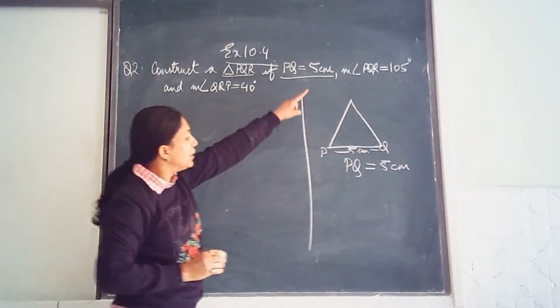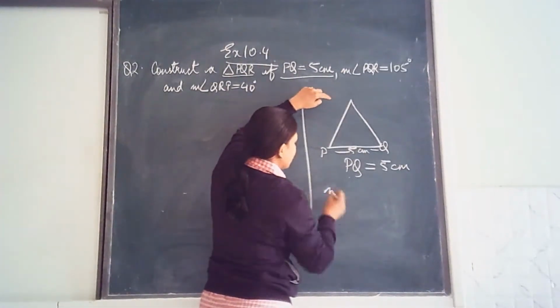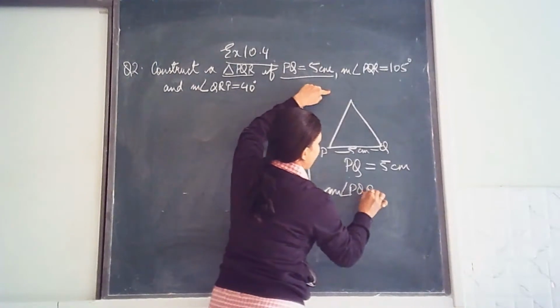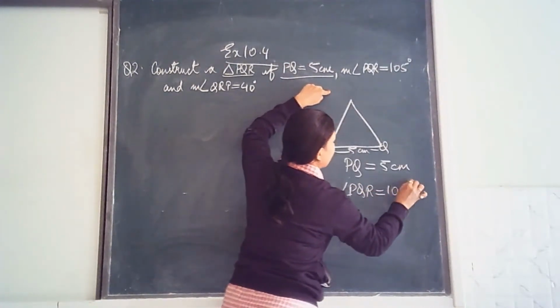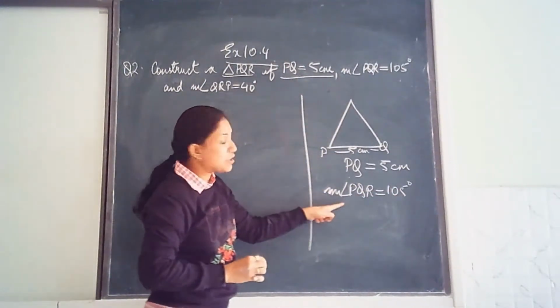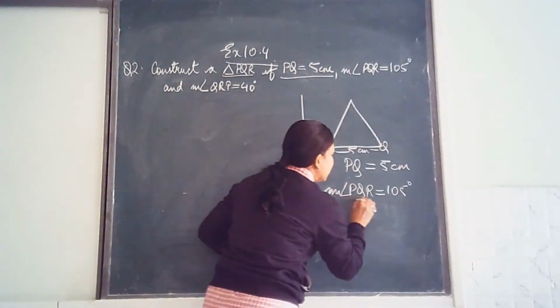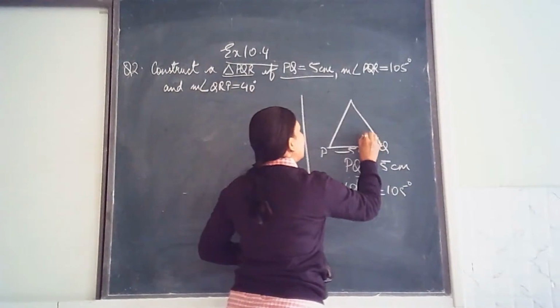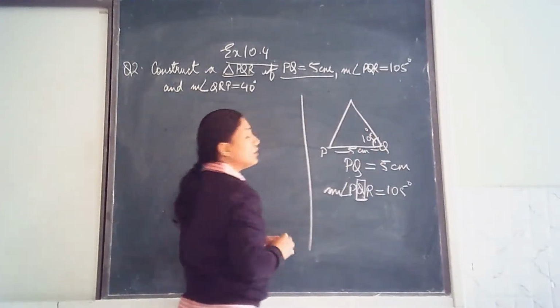Okay. Then it is given measurement of PQR is 105 degrees. So measurement of PQR means the angle is formed at Q. So this is your 105 degrees.